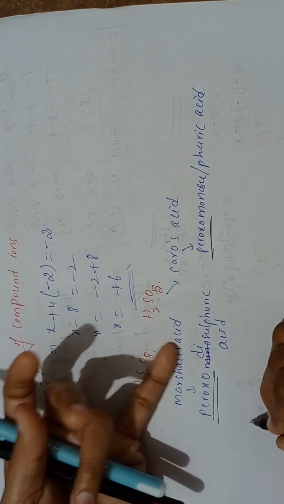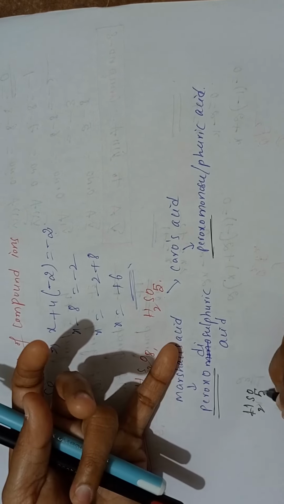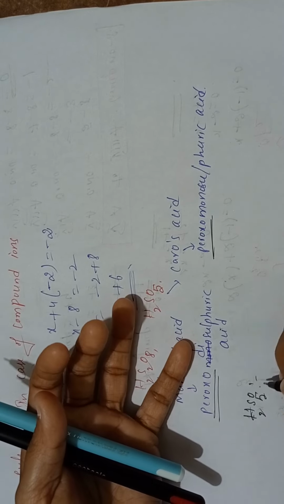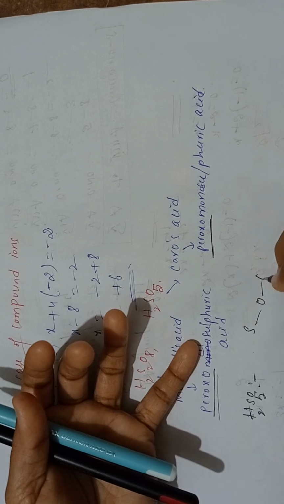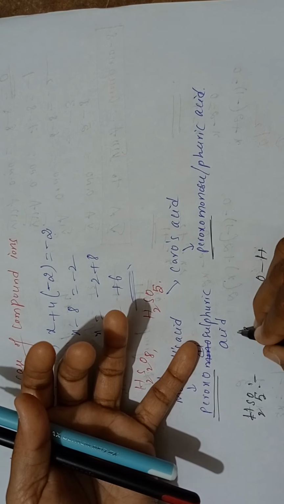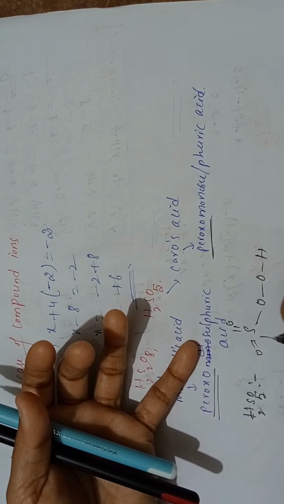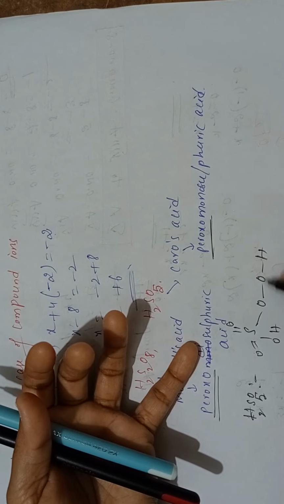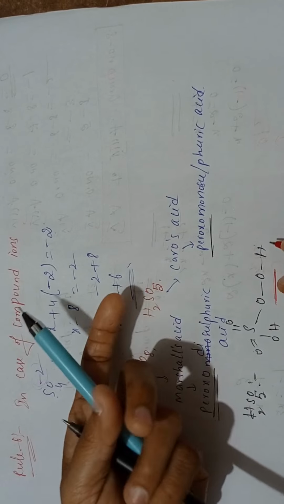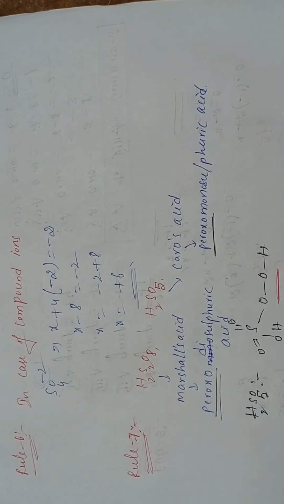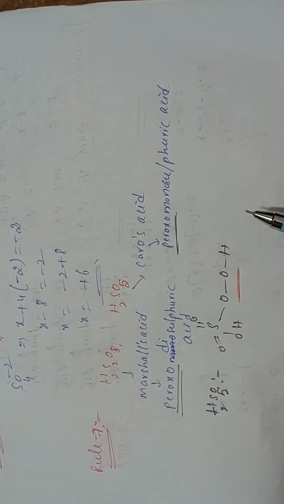Now if you see the H2SO5 structure, a peroxy linkage is present. This is the H2SO5 structure, and this is the peroxy linkage. In a peroxy linkage, the oxygen oxidation number is minus 1.